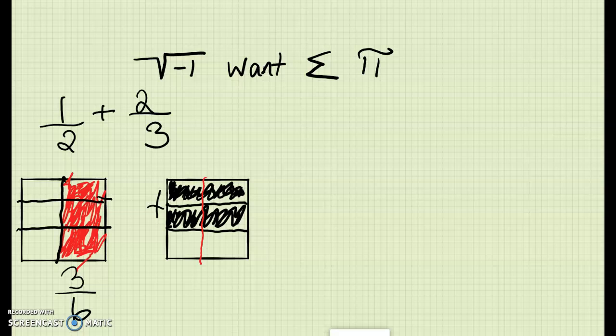And it'll be 4/6. Since I have a common denominator, I can go ahead and add. Okay? 3 plus 4 equals 7/6.